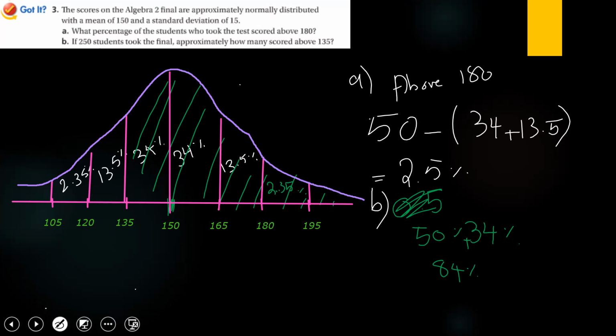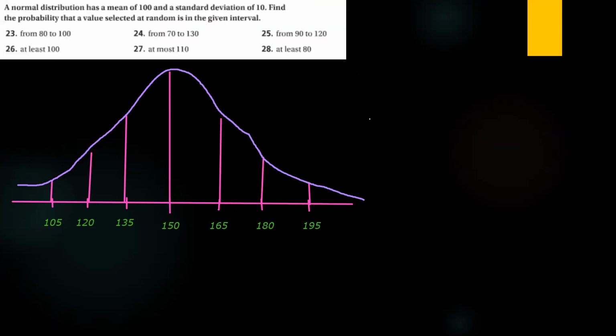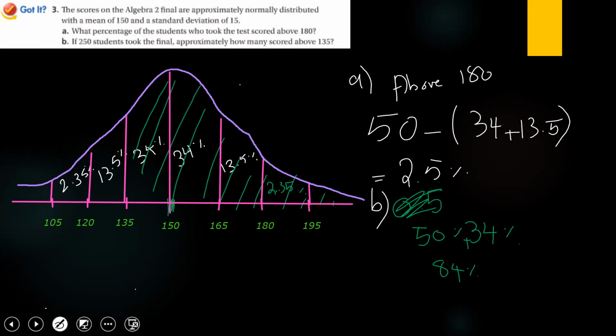So if you tell me it is 84%, then since I'm talking about 250 students, you have to multiply 84% times 250. Your answer must be 210.